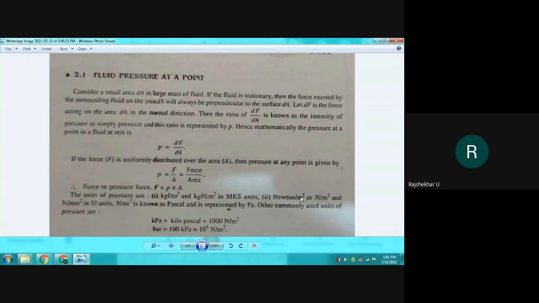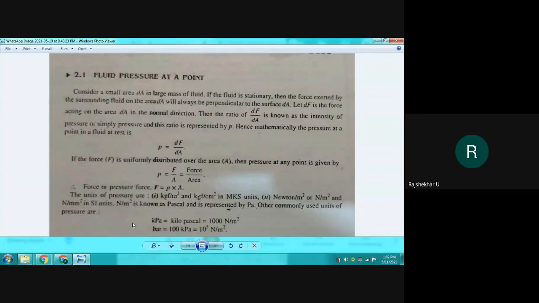Sometimes we also use Newton per mm square, because in your earlier semester you used Newton per mm square when we were studying MOM. But Newton per meter square is the SI unit, remember. Newton per meter square is known as Pascal, and is represented by Pa.